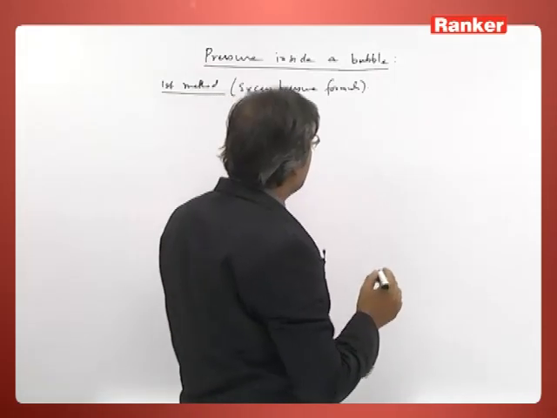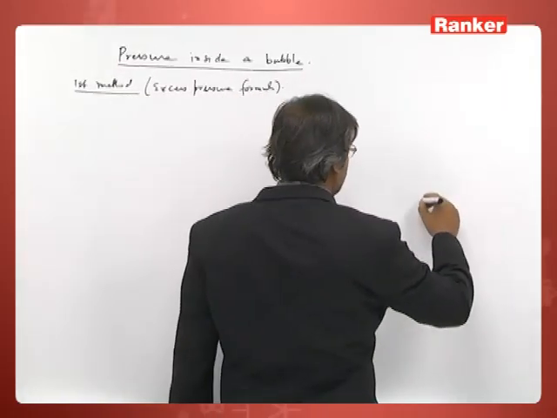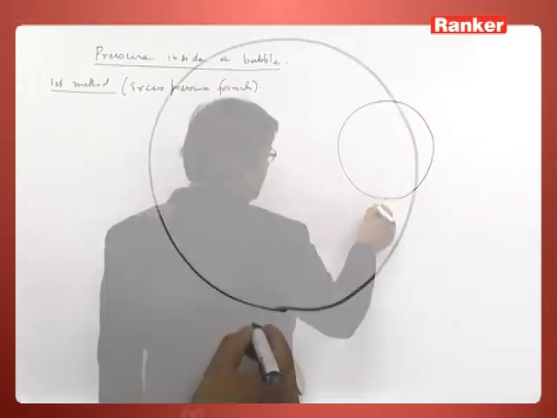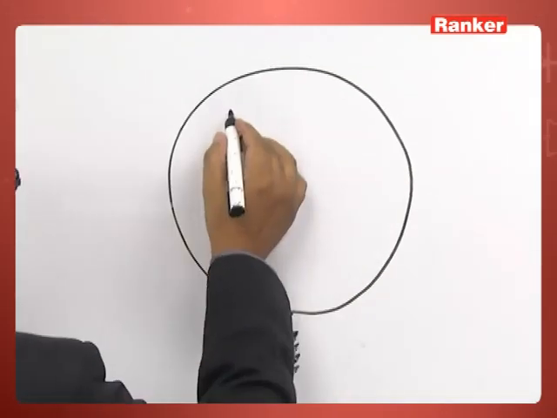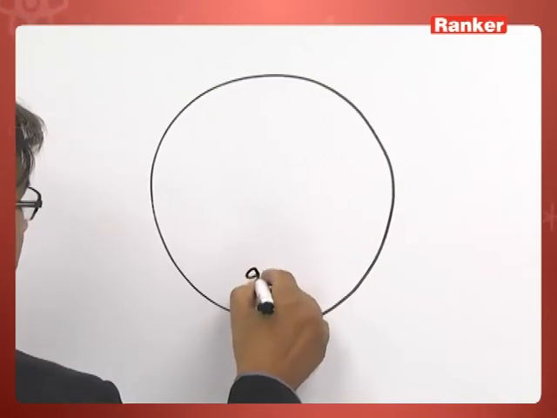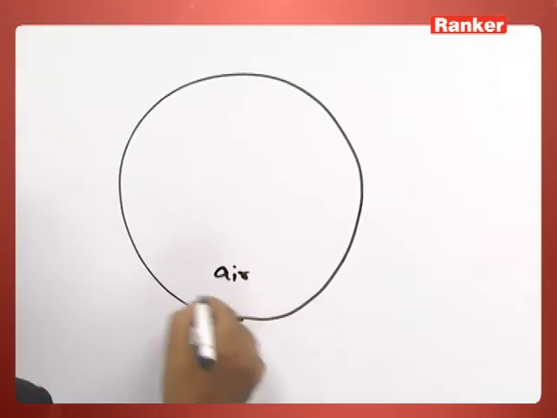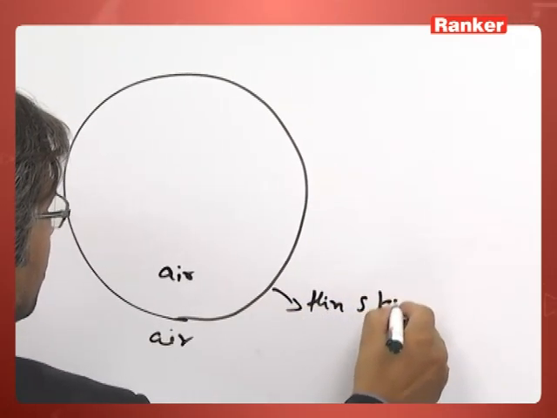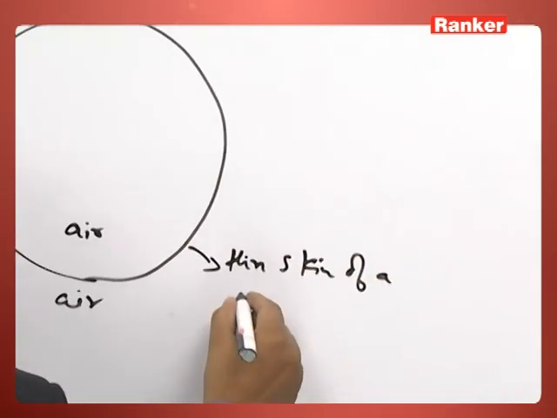Now, a liquid bubble is something in which we have air inside and outside air, and we have a thin skin of a liquid.